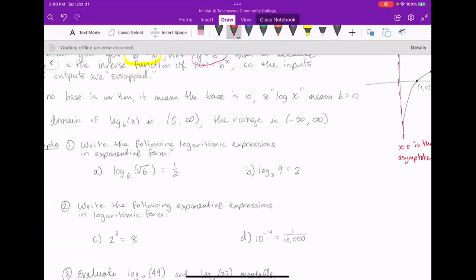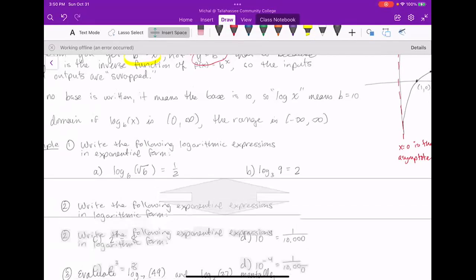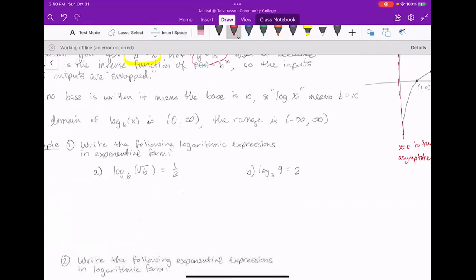And when I do that, here, let me give myself a little bit more space so I can show it. I get my b is equal to 6. My x is equal to square root of 6. And y is equal to 1/2. So I am going to write b to the power of y equals x, because that's the equivalent exponentiation.